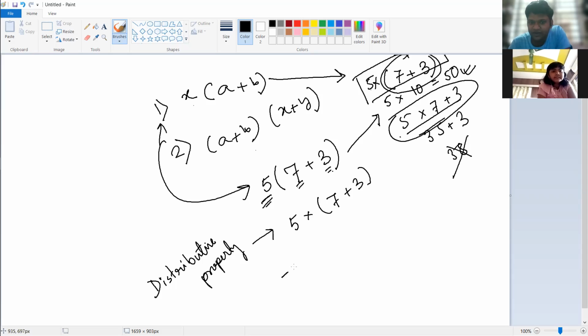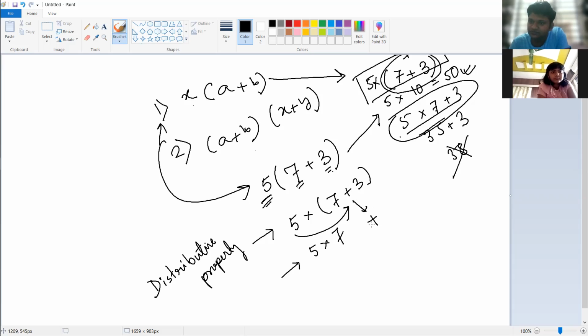This is the mechanical way I'm showing you. That is 5 × 7. Then you just put whatever the sign is. If instead of plus there is minus, we put minus over here.